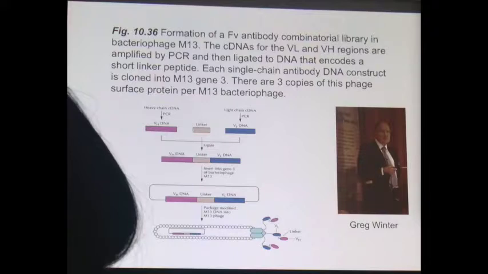Now M13, I don't know if you talked about this in 342 or not, but bacteriophage M13 is an interesting vector. It's called a filamentous bacteriophage. It has a somewhat different lifestyle than lambda. First of all, it has a smaller amount of DNA.